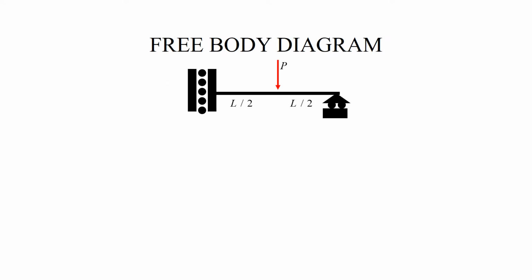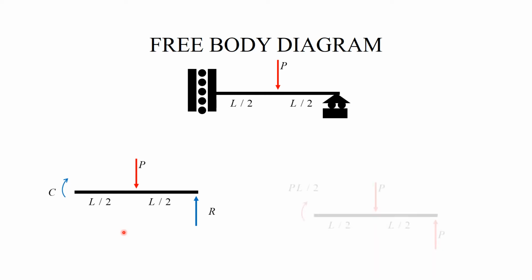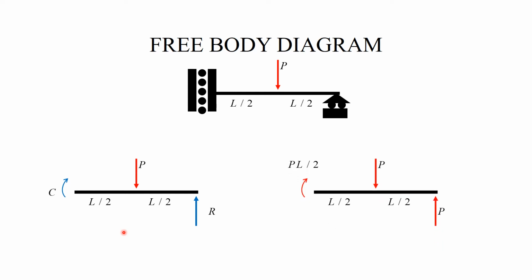Let us begin with the free body diagram. So the reaction forces are shown here, the vertical force and the couple. There is no vertical force here, and as usual, I don't show the horizontal force. If I take this free body diagram and write down equilibrium equations, I will obtain this free body diagram showing the actual forces.